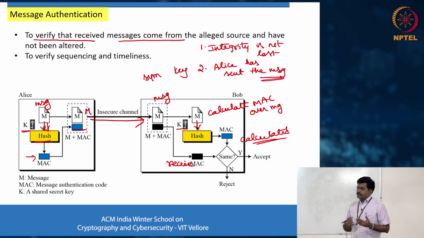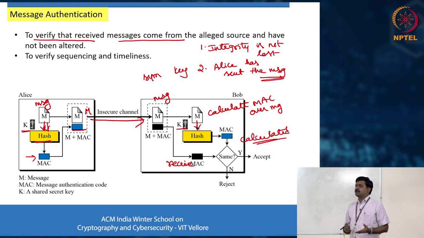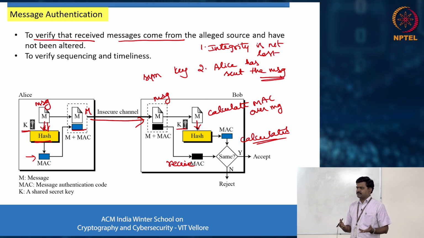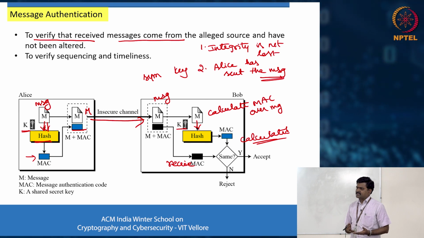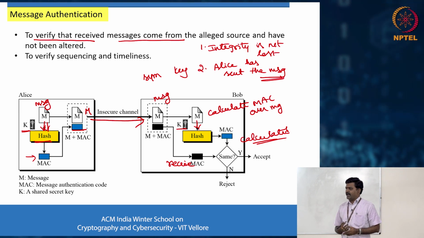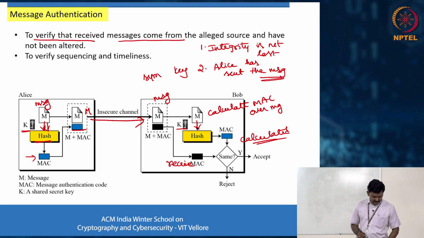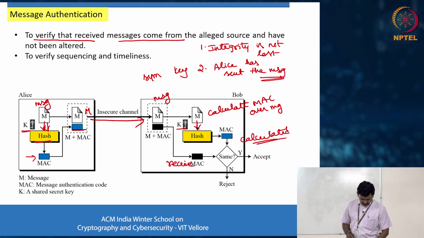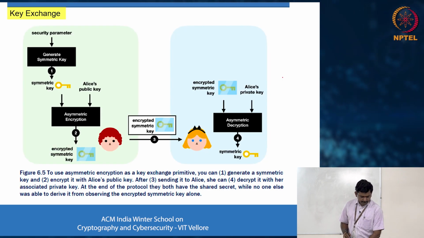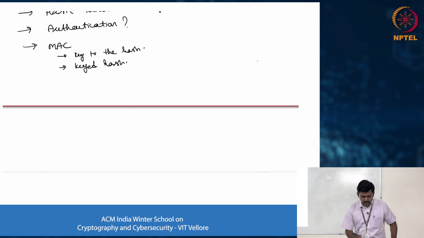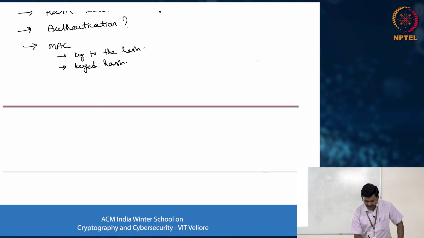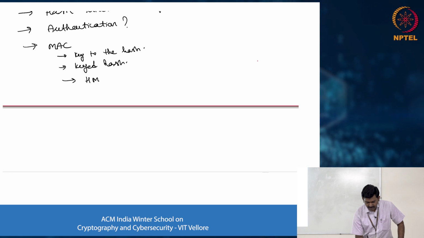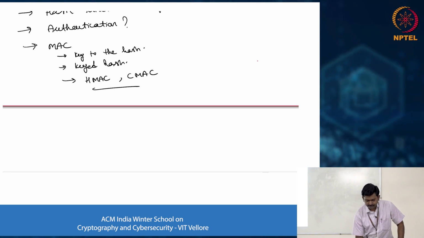Number two, for creating the MAC code, the same key is used, right? And who has that key? The key is with Alice. So Alice has sent the message, right? So there are two types of creating MAC functions, called hash-based MAC codes and cipher-based MAC codes.